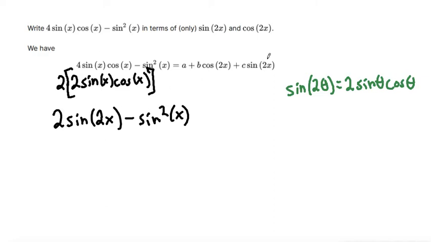Okay, so we have our sine 2x part with a coefficient of 2, so that means that c would equal 2 so far. Now we need a cos 2x formula. Since what is left is sine squared, I'm going to use the formula that involves sine squared.